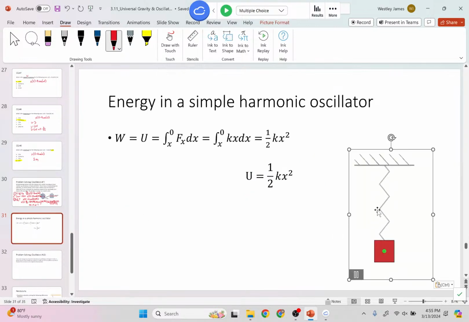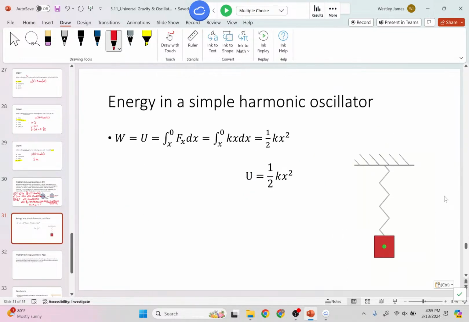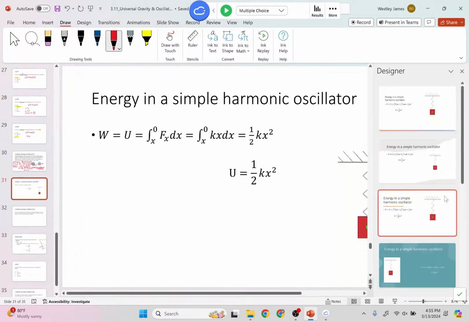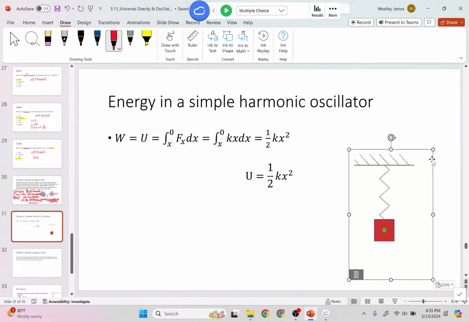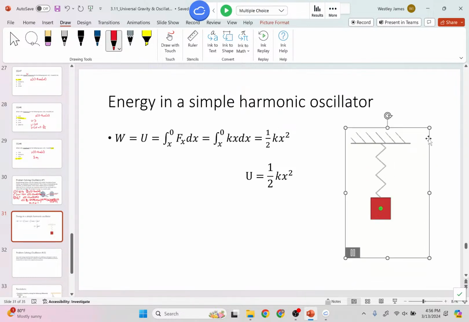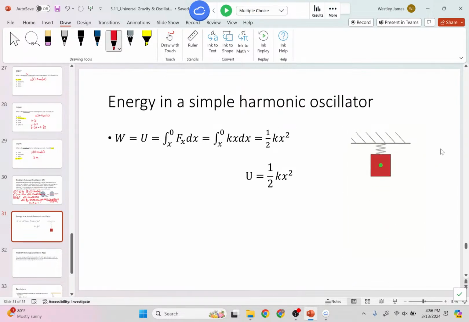If I said, hey, how much energy does this oscillator have? It's a spring, y'all. We've already talked about the energy of a spring. It's 1/2 kx squared. It's not new. So that's nice. If you're like, whoa, where? One, this looks familiar, or two, where is this coming from? What's the energy stored in this thing that's wiggling? If it's due to a spring, it's just 1/2 kx squared.